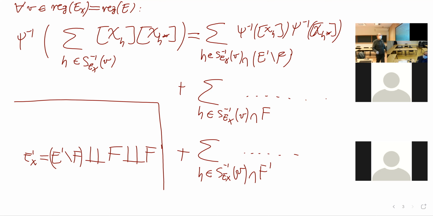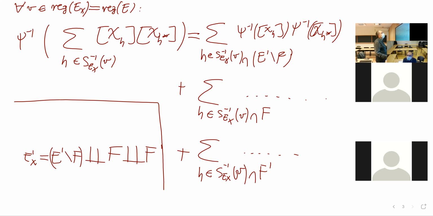And you can immediately guess why I am doing this, because it depends on where the H is, what formula I apply for psi inverse. So for starters, when we are in this easy part, nothing changes. Remember that when you have an edge which is in E1 and beyond F, then psi inverse and psi are just tautological.